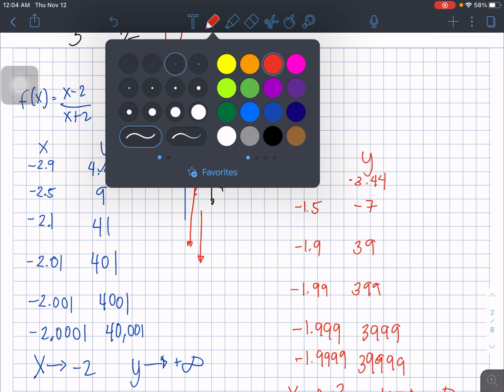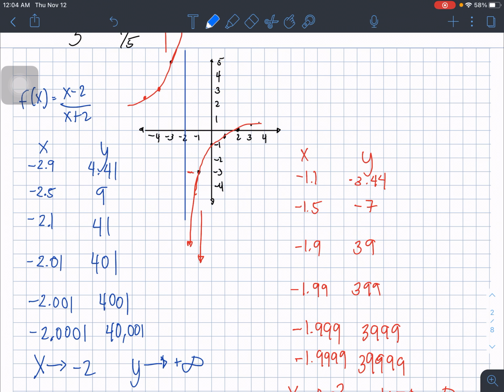This first curve and the second curve will never cross this boundary line. It just gets closer and closer. However, there is no chance that it will intersect or pass this line, and this line is so called an asymptote.